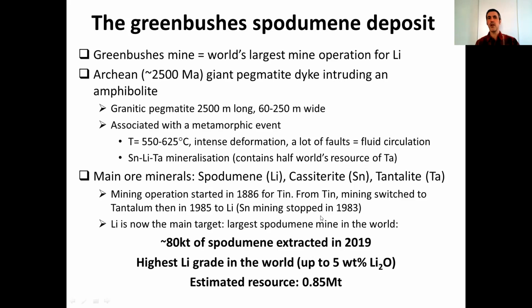As I said, the largest spodumene mine in the world, and about 80 kilotons of spodumene were extracted in 2019, and that's the highest lithium grade in the world, locally up to 5% of lithium oxide. The estimated resource, 0.85 million tons.